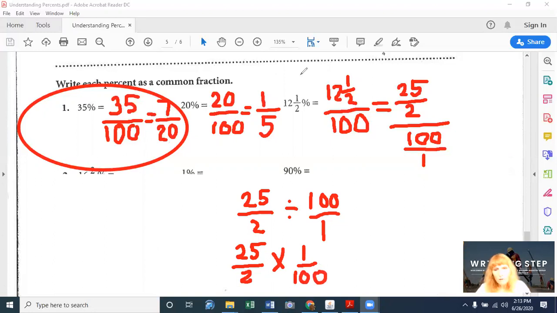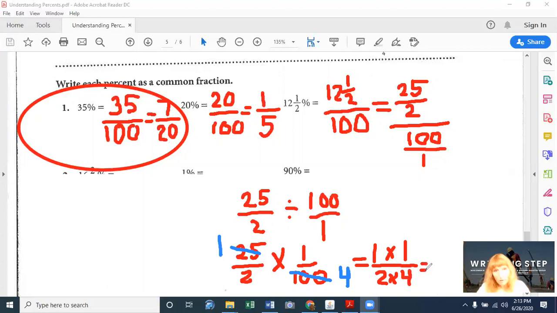Now I can cancel. So I can take 25 into 100 4 times and 25 into itself once. And now I just multiply across the top. 1 times 1 on the top. And on the bottom I have 2 times 4.